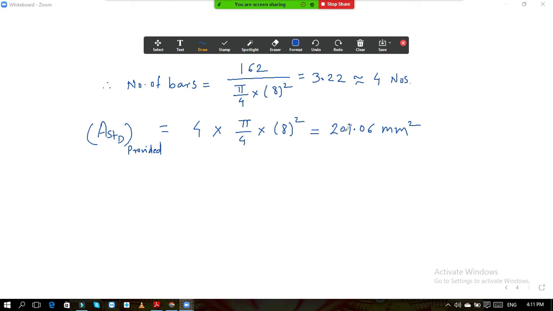Now after this, calculate the spacing of distribution steel. Now to calculate the spacing of the distribution steel, one more clause is given for the spacing of distribution steel also. We need to refer to that clause. Again we will go to IS 456 2000 and we will see the clause.